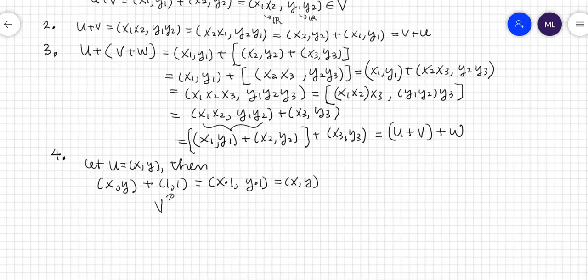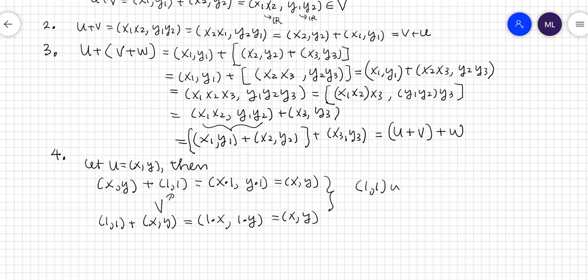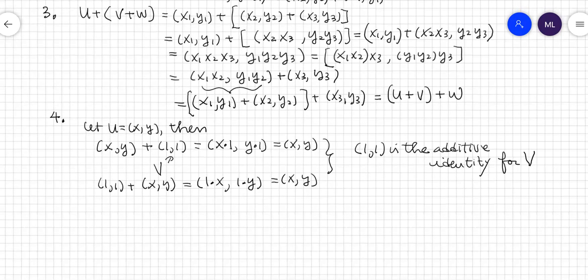For the same reason, (1, 1) plus (x, y) is (1 times x, 1 times y), which is (x, y). So from these two, (1, 1) is the additive identity for this set V. I'm not saying vector space yet because we haven't proved it yet.